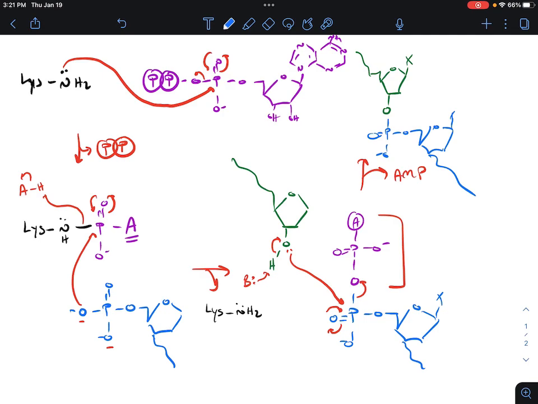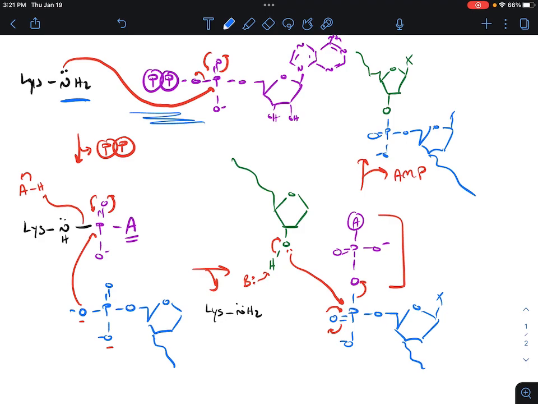So the mechanism is not one that you would just inherently know, but given information about each step, it's something that you should be able to think through. Lysine in the active site creates an initial intermediate with AMP. Given that information, you should be able to predict this reaction.